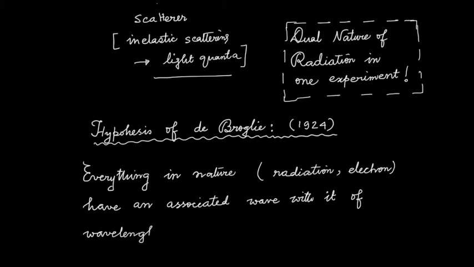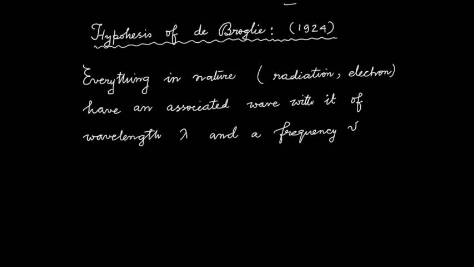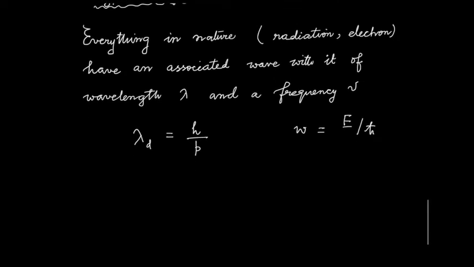A wave always has a wavelength lambda, say, and a frequency nu. Lambda is given by, let me write this as lambda d, so it is the de Broglie wavelength: lambda is h by p, and omega is given by E by h cross.